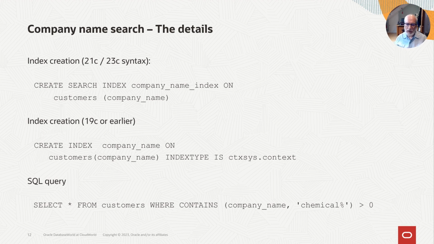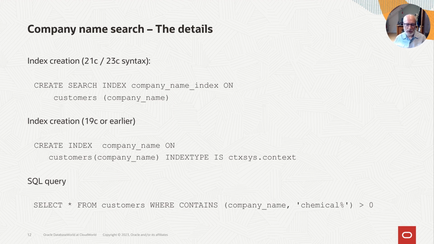If you're using 19C or earlier, you need a slightly more complex syntax, and you then just say create index, the index name on customers, company name again, and then you say this special phrase index type is ctxsys.context. However you create your index using either of those two create statements, that then creates an index in the database.